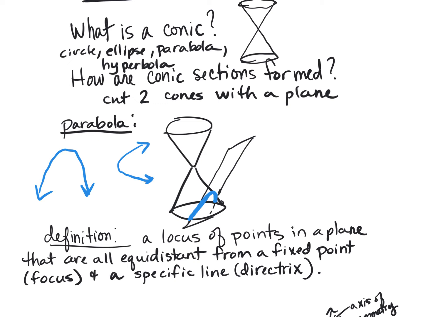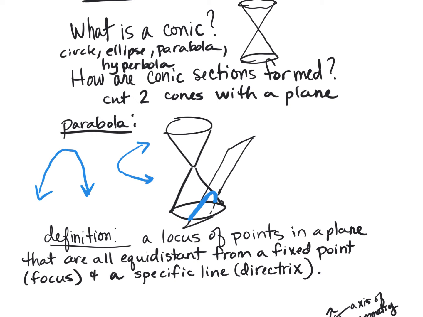So now we need to figure out which way this thing opens. It's vertical, so it's either going to open up or down, right? The last one, since y was squared, it went horizontal. So which way does it open? Up. p is positive, so this opens up. Good.